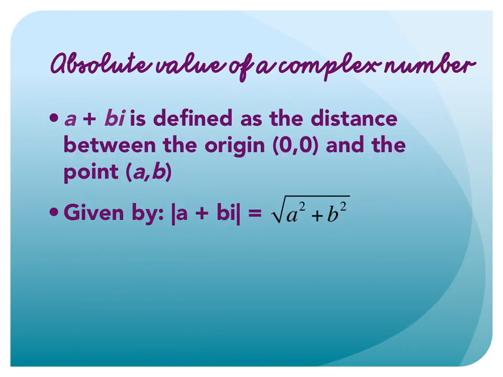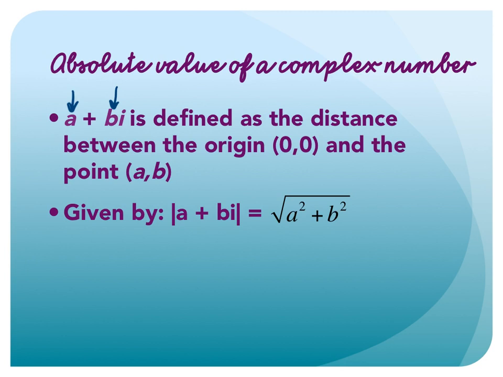The absolute value of a complex number is found by, if my complex number is a plus bi, the a is the real part that's by itself. The b is what's in front of the i, so we don't include the i. And the absolute value is defined as the distance between that origin and that point.